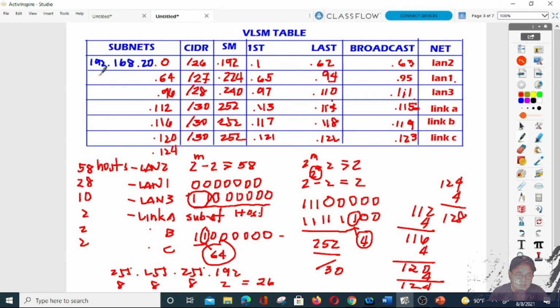This one is unchanged, the same: 192.168.20 up to here. It's the same, only the fourth octet is changing because that is where we subnet.